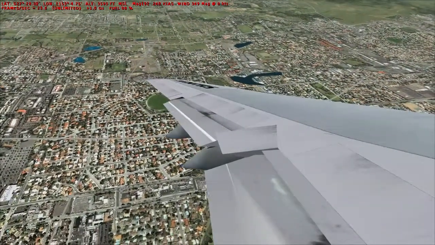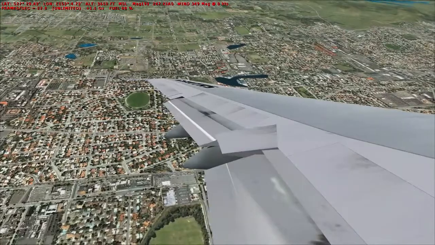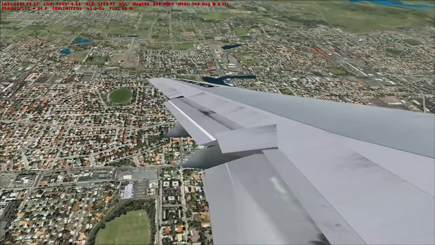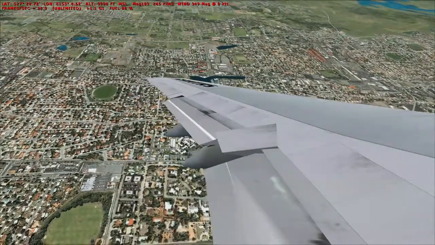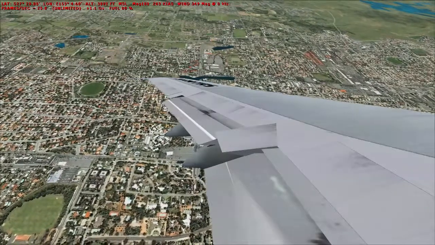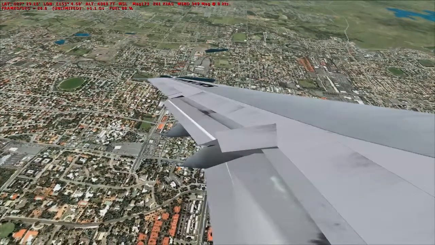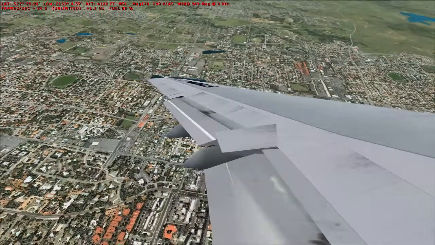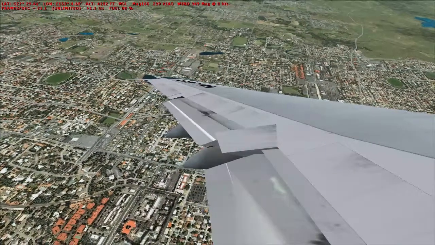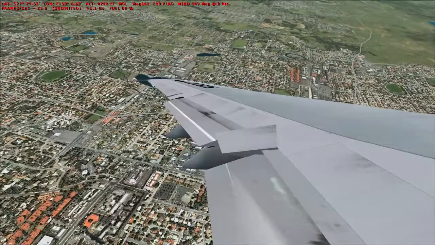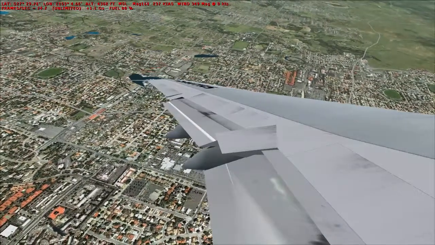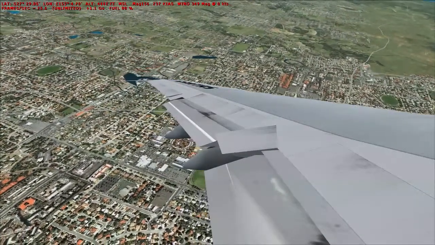Steady airspeed of 249, close enough to 250 knots as prescribed. To play around with the views here for a moment.